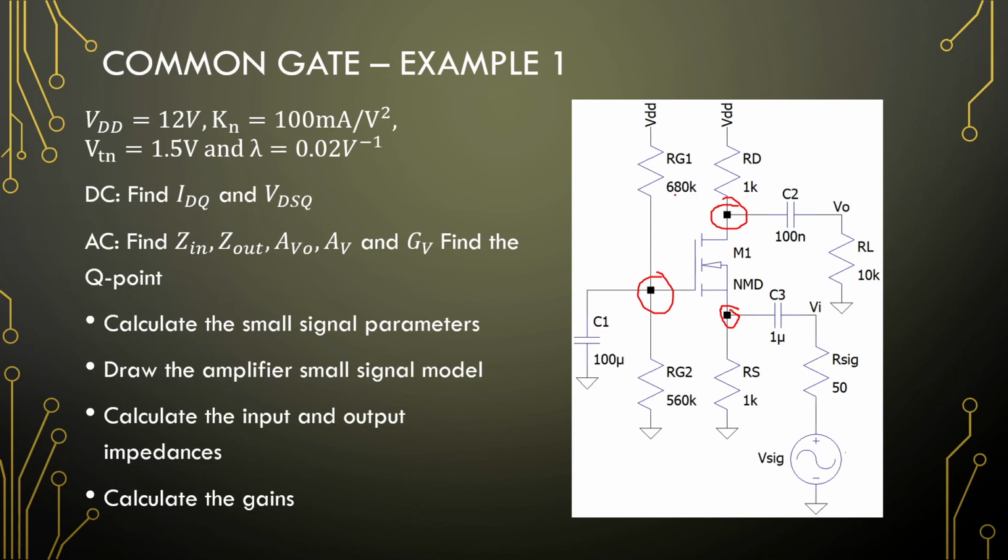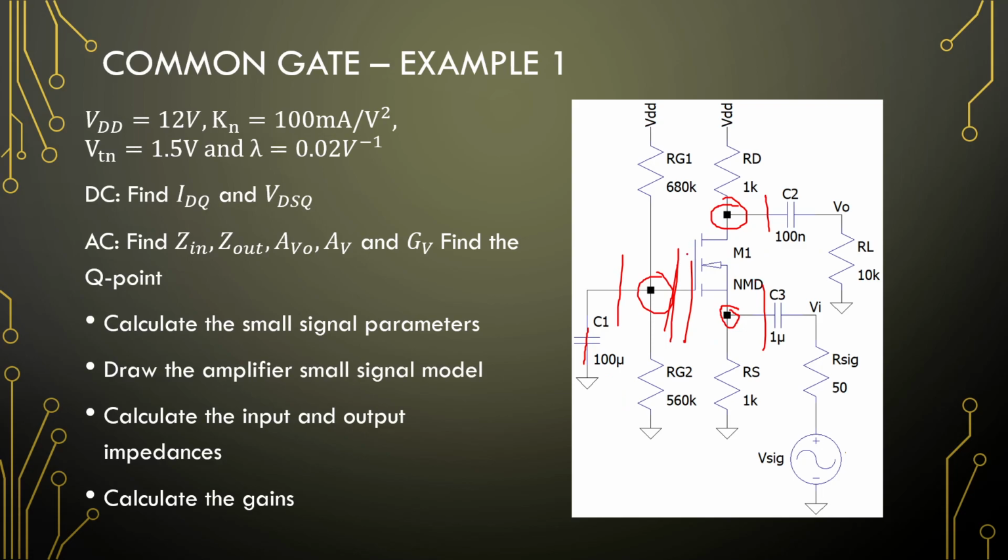So the only function of these two resistors is to bias our MOSFET. They will not be seen in our small signal when this becomes a short circuit. Okay, but for DC analysis, only this part here in the middle will be seen, and for AC analysis, this back part will go away.